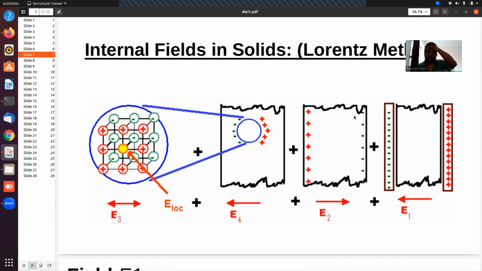When I talk with experimentalists, they also borrow some approximated expression from Lorentz or others following his work. But due to that very inhomogeneous nature, we don't know what the local dielectric constant is, so we could not accurately derive the local electric field.